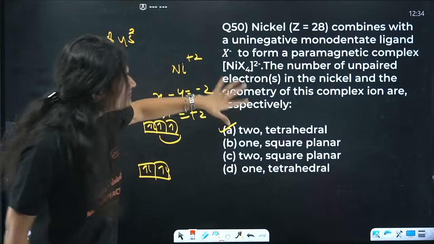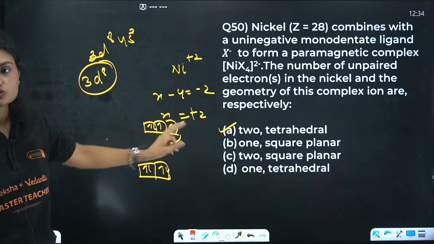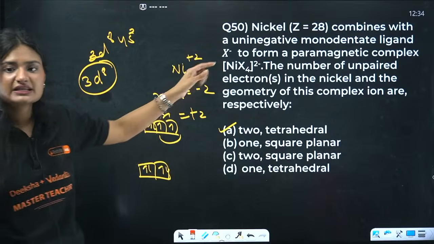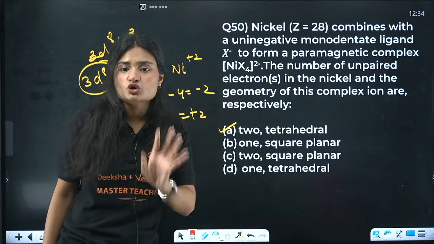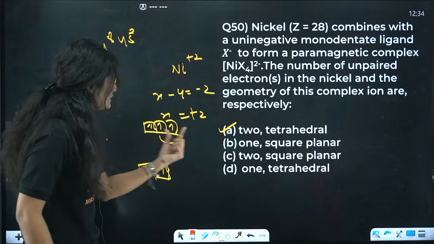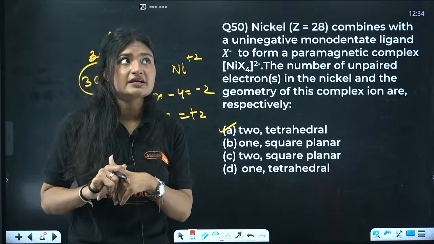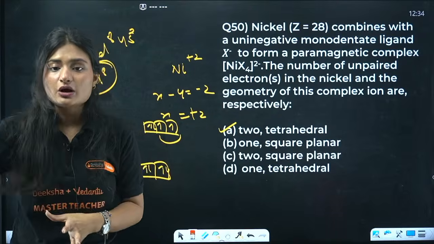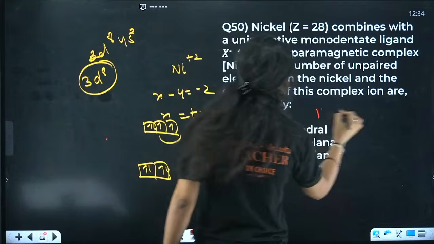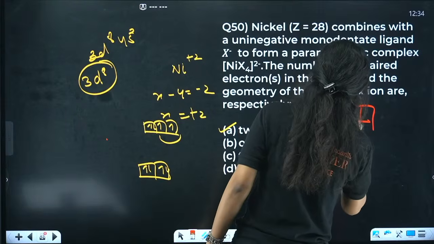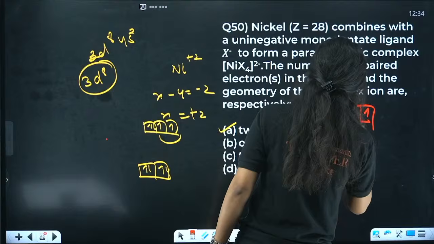Okay, again, how many unpaired electrons will it have? It will have 2 unpaired electrons. Why did we say that? Because it is a paramagnetic complex. That means no pairing will happen. If we have this configuration and a paramagnetic complex is there, the hybridization will be outer orbital. Okay, listen here. I'll just draw it somewhere. 5, 6, 7, 8.